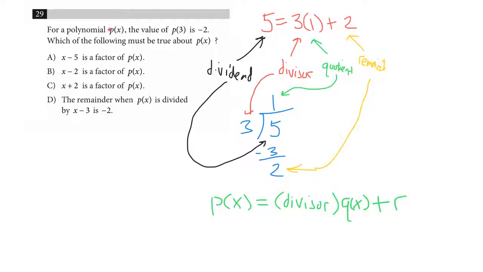And because we're talking about this polynomial potentially being divided by x minus 3, let's investigate that situation by filling that part in. So we have p of x equals x minus 3 times some quotient plus the remainder, right?